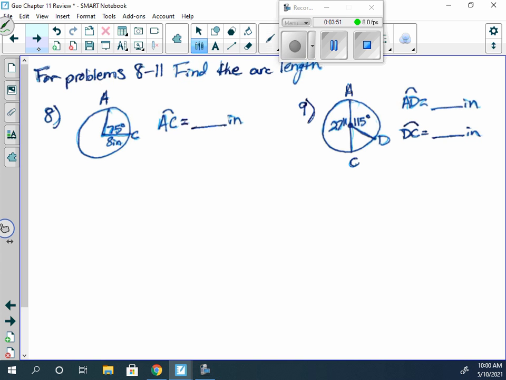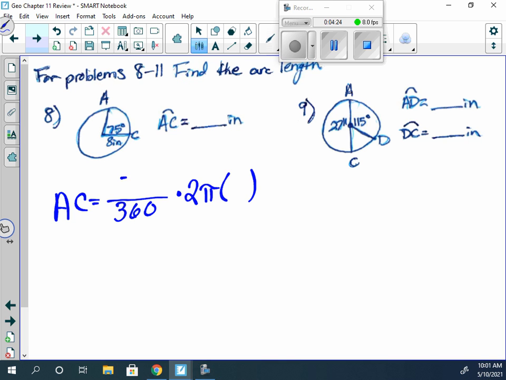Arc length is equal to the arc degree over 360 times our circumference. And the circumference is 2 pi r or pi d. So if I want to find the arc length AC, well, the arc length AC is equal to the arc degree over 360 times 2 pi r.